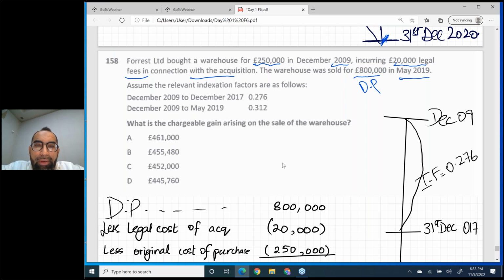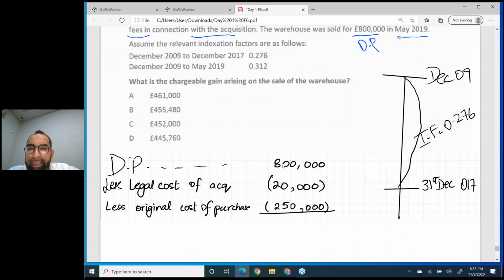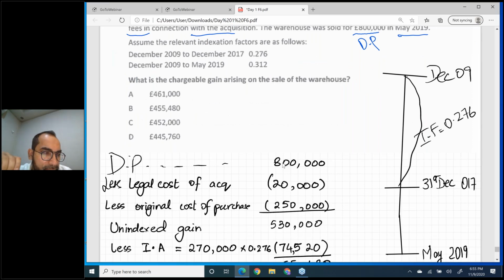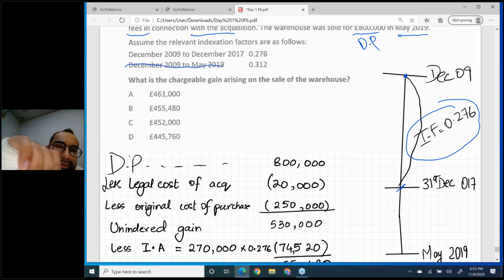Look at the sketch. Which index factor is relevant? The one from December 2009 to 31st December 2017, 0.276, is relevant. The other one, 0.312, is irrelevant. No need to use it.